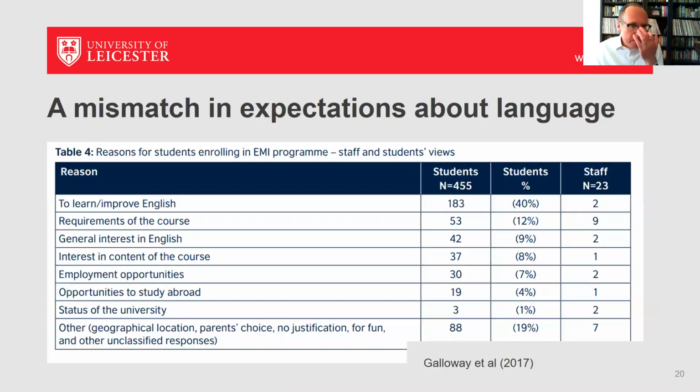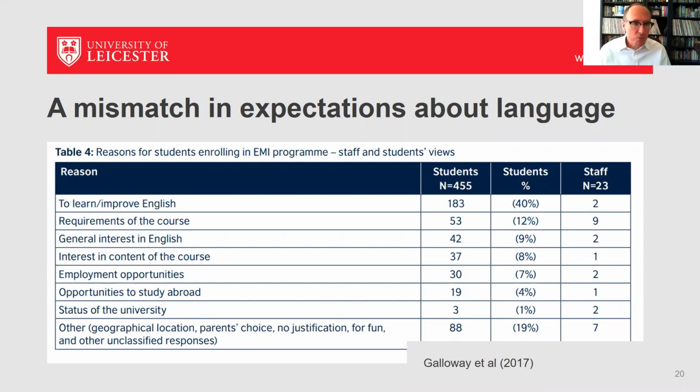So as an aside, it's interesting to pick out some information from this survey by Nicola Galloway and colleagues. This is a survey of Japanese and Chinese universities. I don't think we should be particularly interested in the column for staff. The numbers are quite low there, it's only N23. But if you look at the number of students, that's a significant number.